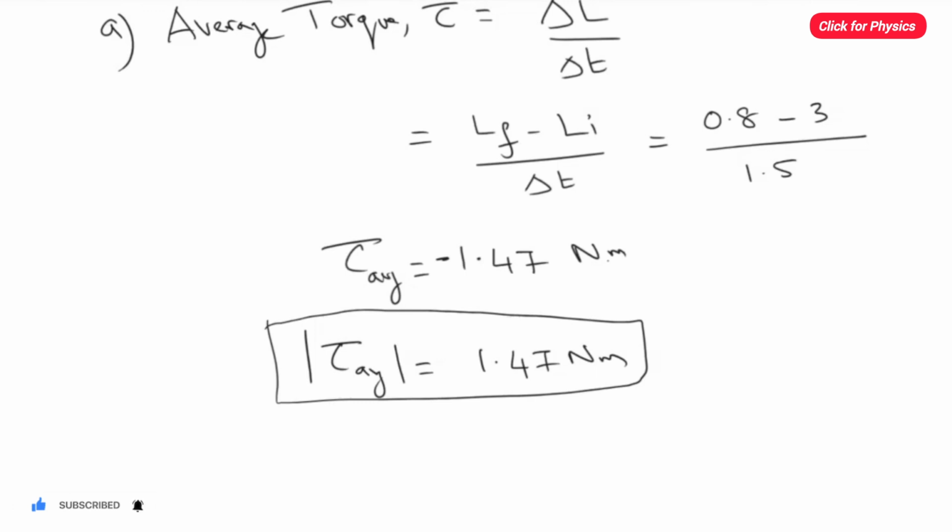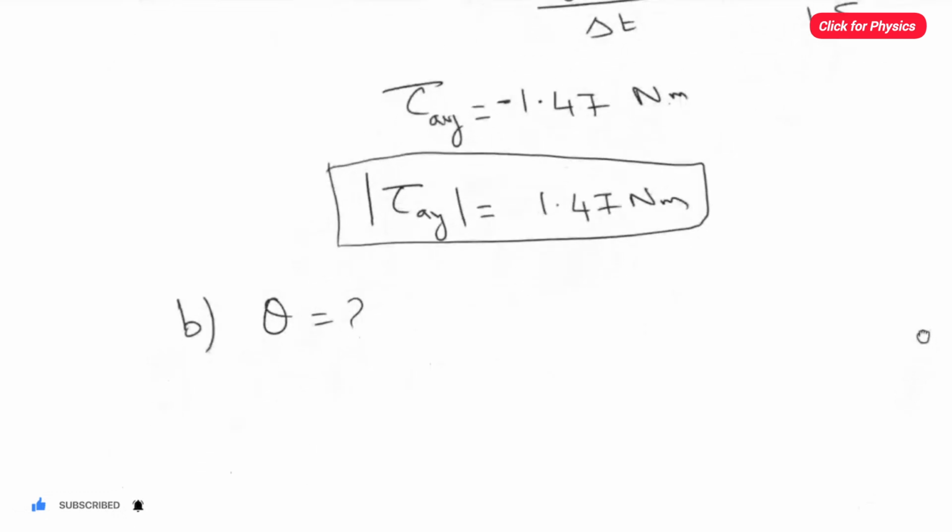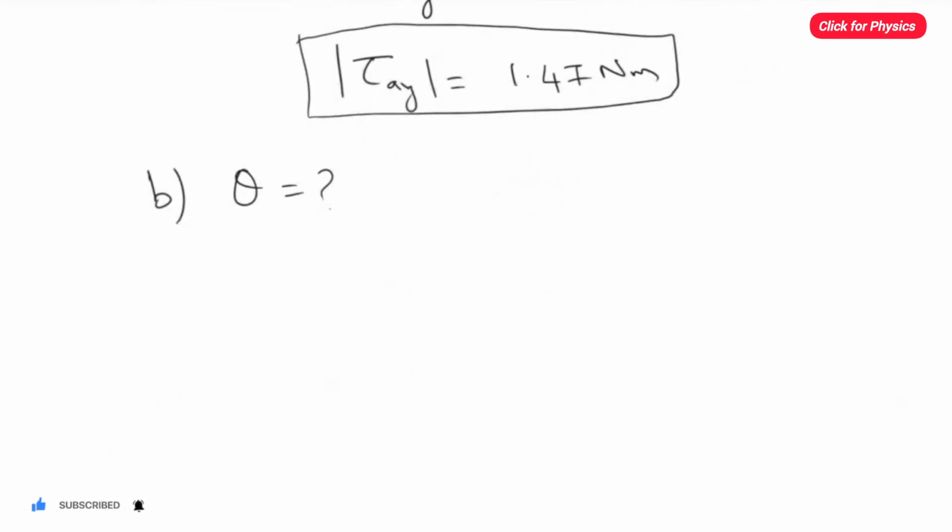Clear? And in the second part, we have to find theta. How much does the flywheel turn in the time interval of 1.5 seconds? So we have to find the value of theta. What we have to do is use the second main equation, which in terms of linear motion, what we studied, is delta x equal to v naught t plus half a t square.